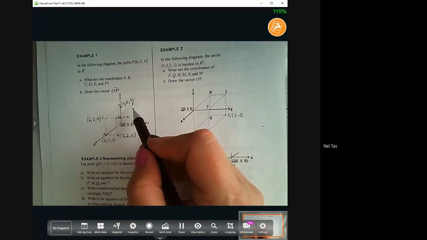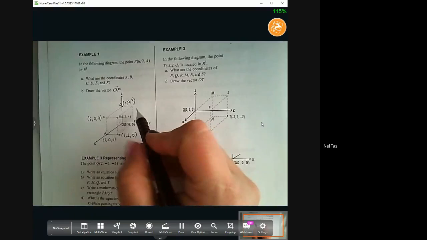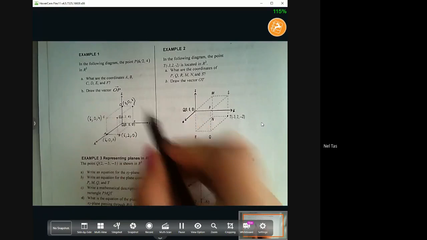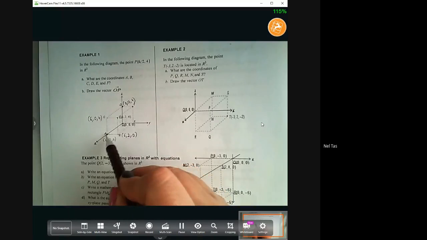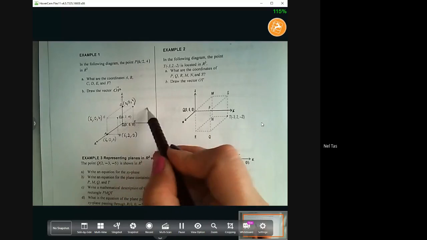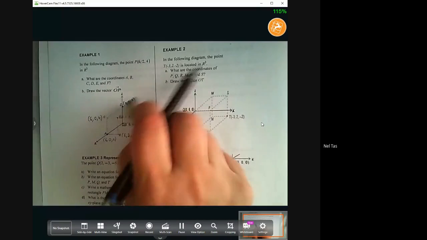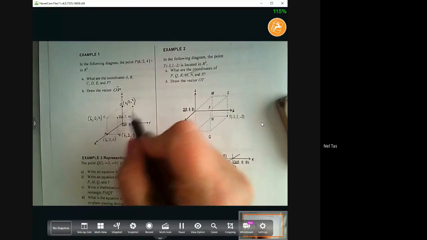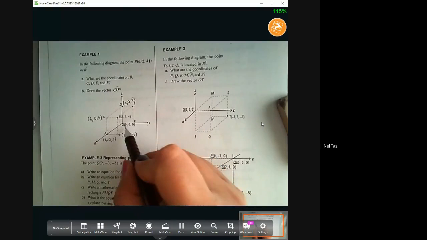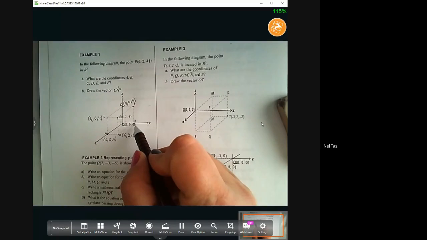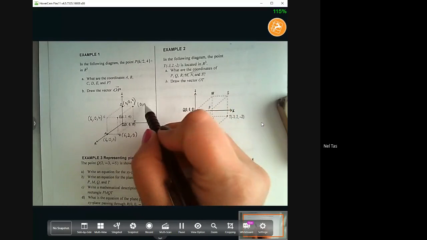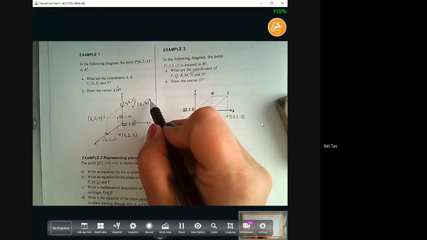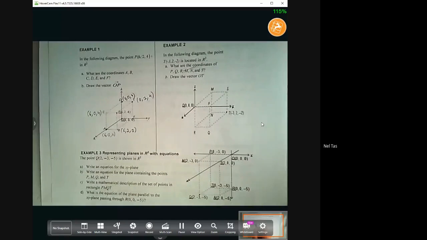So let's look at point E. If you start from the origin, we don't go forward here or to the back. So it looks like the x coordinate is 0. But to reach that point E, you go 2 units on the y-axis and you go 4 units parallel to z. So nothing on x, 2 units on y, and 4 units on the z-axis.